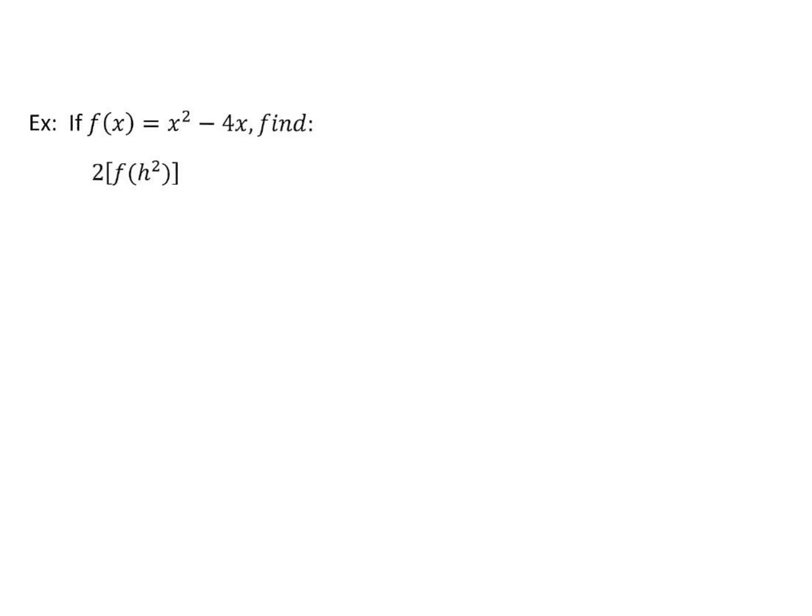So we're going to leave the 2 alone. It's just going to stay aside, right? And we'll leave the brackets. And so what I'm going to do is take this h squared and we'll put it in for x. Okay.